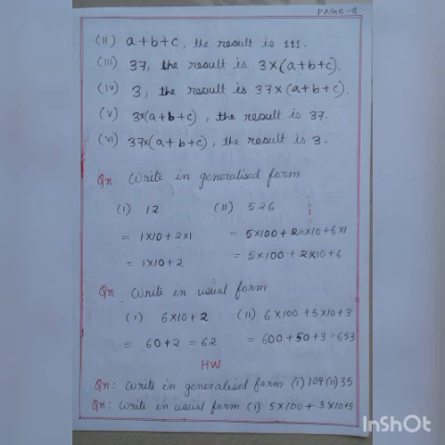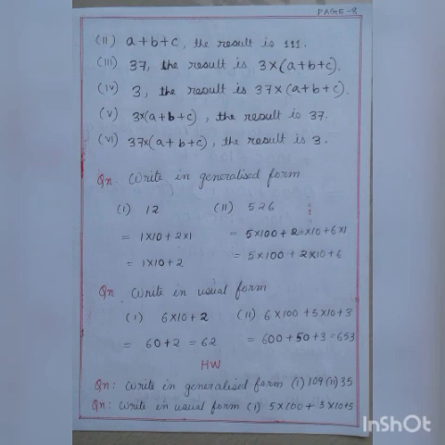Again, number 5, ABC plus BCA plus CAB is divisible by 3 into (A plus B plus C), and the result is 37. And number 6, if we divide ABC plus BCA plus CAB by 37 into (A plus B plus C), the result we get is 3.